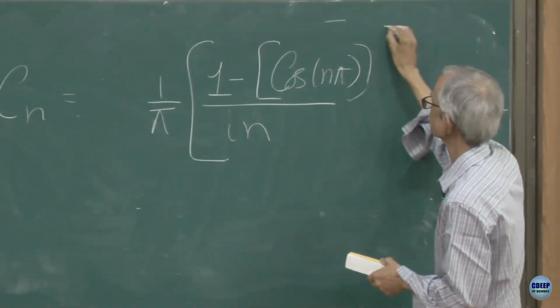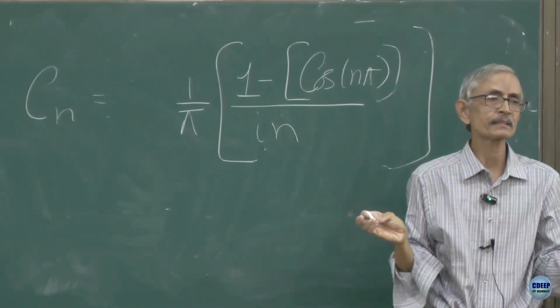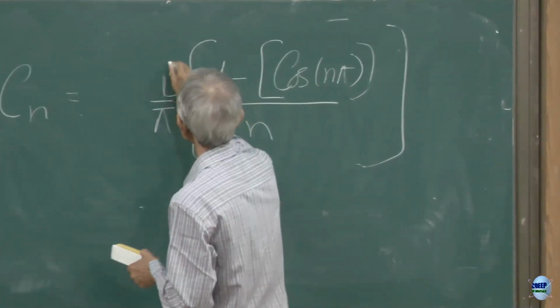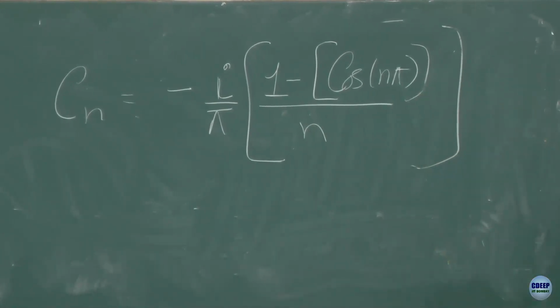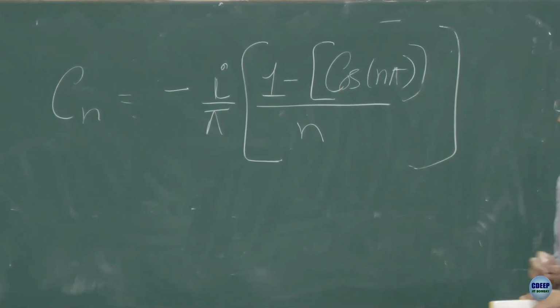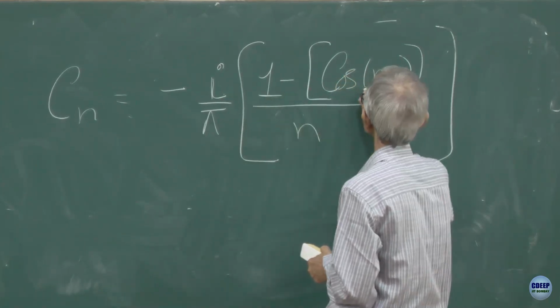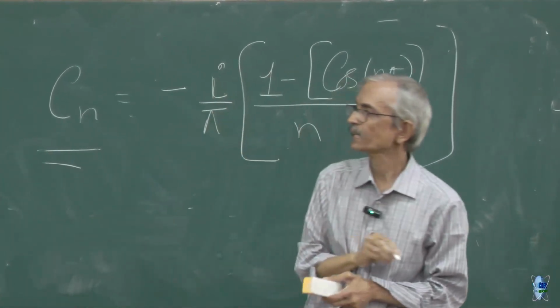I've got 1 minus, and then I've got an i sitting in here. This makes it a purely imaginary number, right? I multiply and divide by i, I get a minus i here. So I have got an i times 1 minus cos of n pi, and this is my Cn.